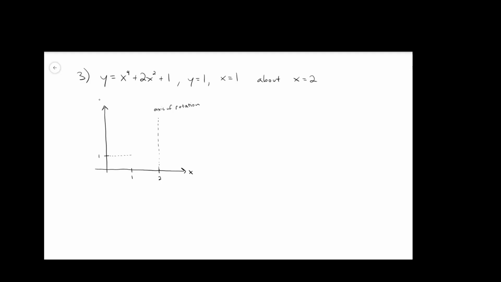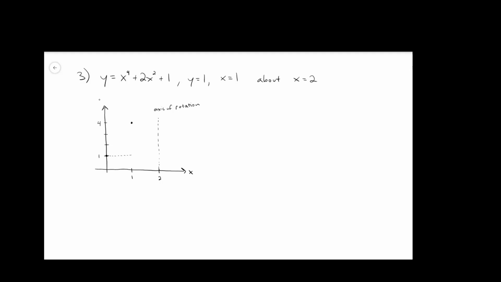This vertical line is a bound. And then the function itself, when we plug in 0, we get 1. When we plug in 1, we get 4. So the function is going to start here and end here.